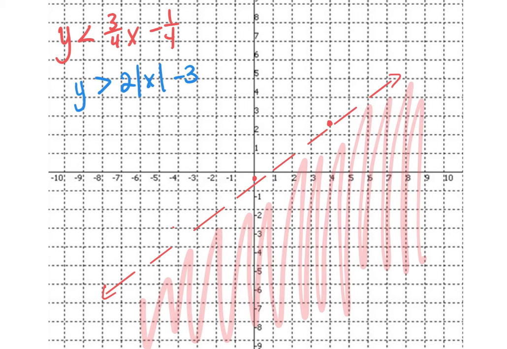All right, and then this is absolute value. So how is this absolute value moving? Left or right or up or down? All right, so down 3. And then that 2 in front just represents my slope there. So down 3, and then I'm going to go up 2 over 1, up 2 over 1, like that. That's my slope. This is also dashed, by the way, because it is just greater than.